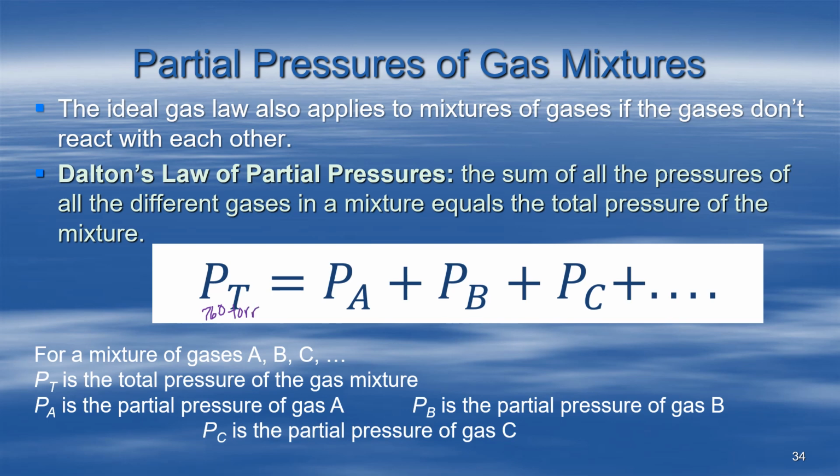Maybe 650 of it is nitrogen, and maybe another 80 is oxygen, and maybe another 20 is carbon dioxide, and so forth. They're not going to add up exactly because there are a whole lot of gases. But they all add up to 760, and each gas has its own partial pressure, the pressure if you were to measure just that one gas, and add them together, you get the total.